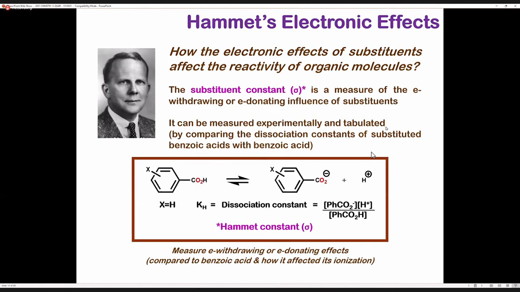So dia hanya tengok bila you replace substituent saja. Bila you replace X. Okay. So if X is H, then KH or the dissociation constant equals to this equation lah. Patut ini you kena ingat lah ni, ini acid base equilibrium ni, right?